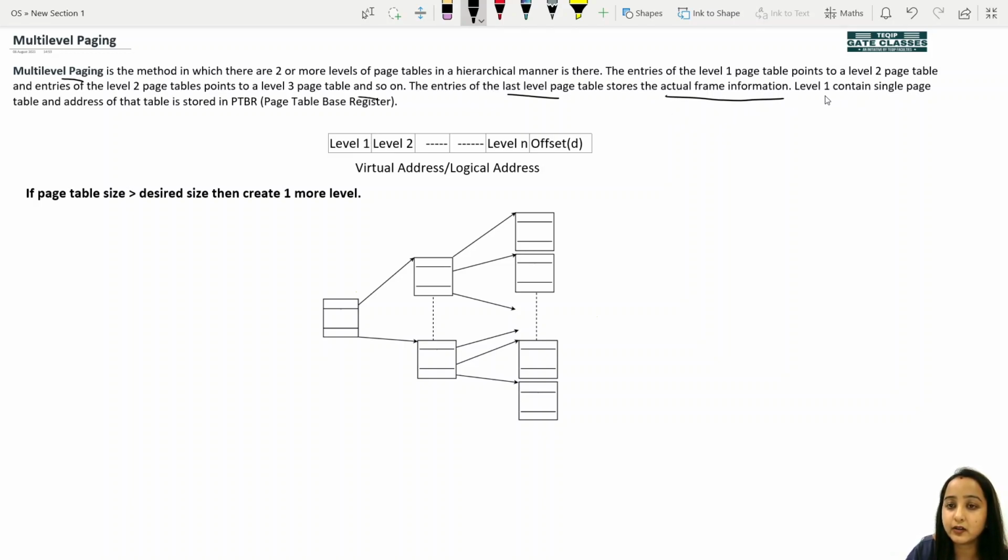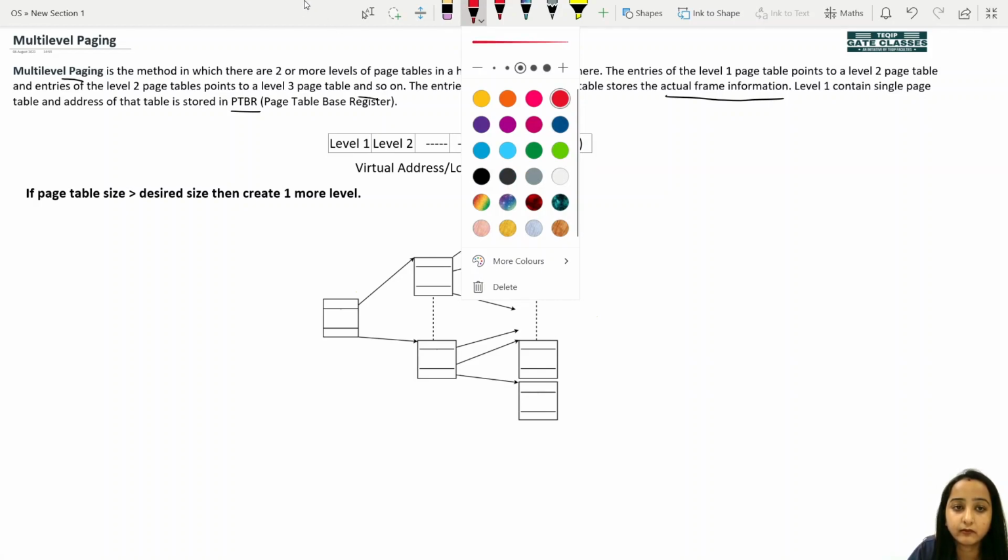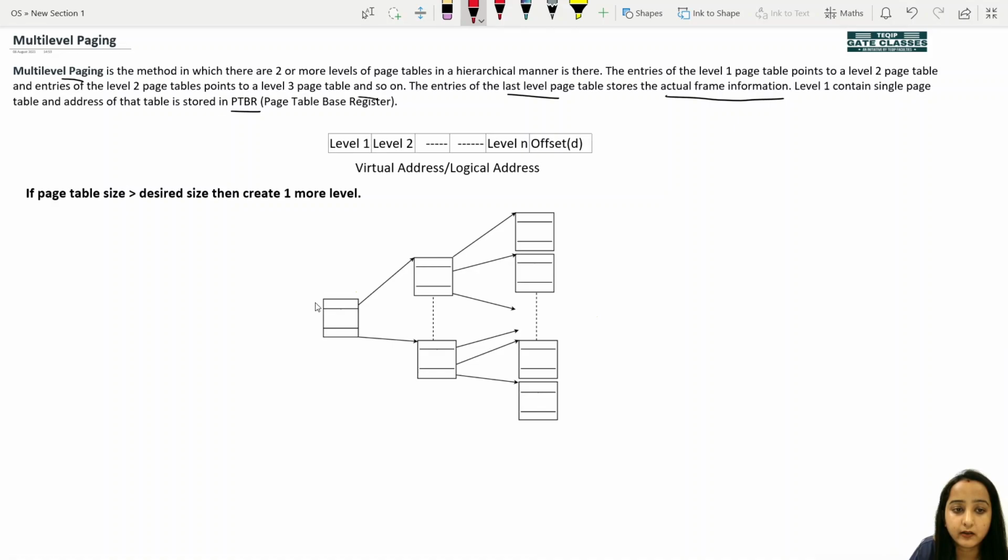Level 1 contains the single page table, and the address of the table is stored in the PTBR, that is the page table base register. So here PTBR contains the level 1 page table address.